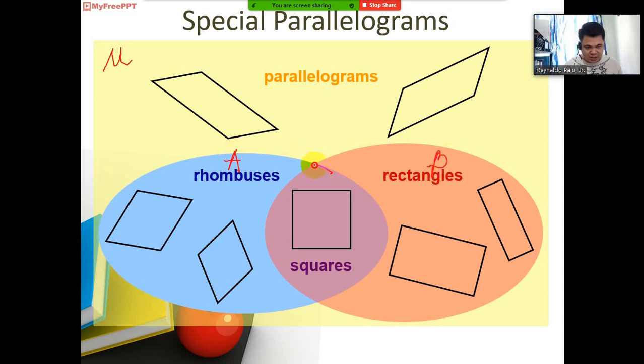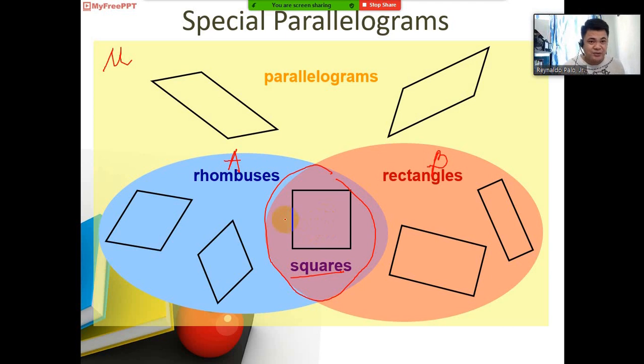As you can see, the intersection of rhombuses and rectangles is squares. Why? Because a square is a rhombus and a square is also a rectangle, since all the properties of parallelograms, rectangles, and rhombuses are in a square. Okay, as simple as that.